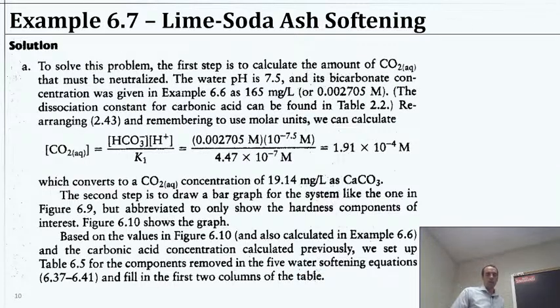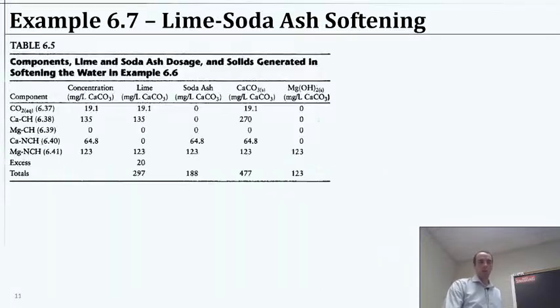Okay, so then based on those figures, and these actually might have been what we calculated the other day when we calculated a few as CaCO3, then we can set up a table for the components of the 5. So here's that table.